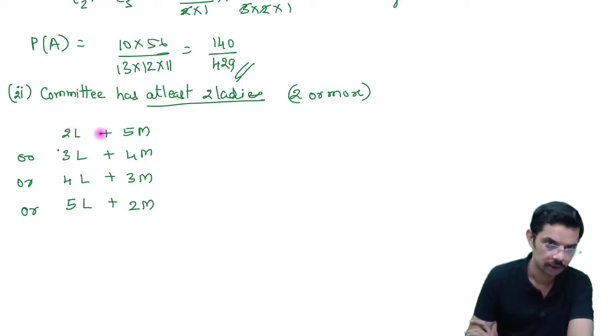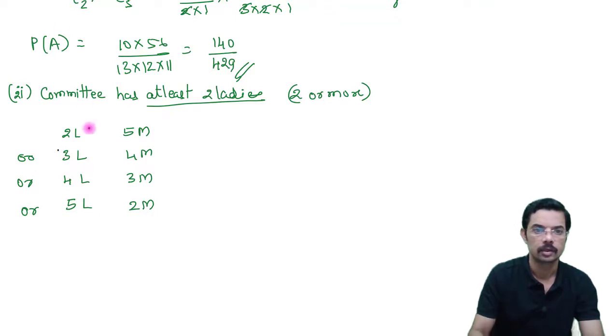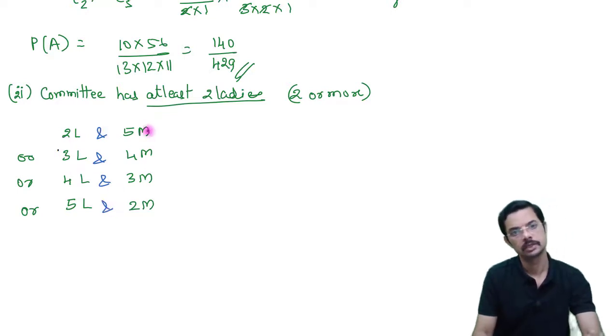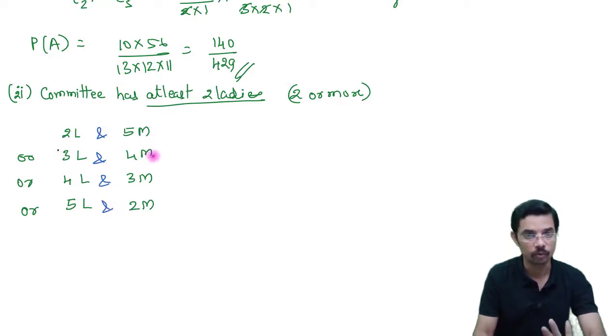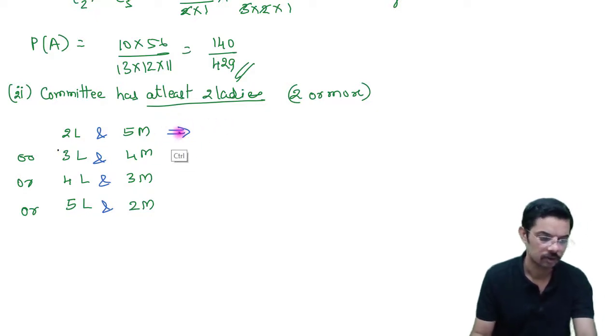So 2 ladies and 5 men, or 3 ladies and 4 men, or 4 ladies and 3 men, or 5 ladies and 2 men. These are the possibilities. So this can be done in how many ways?